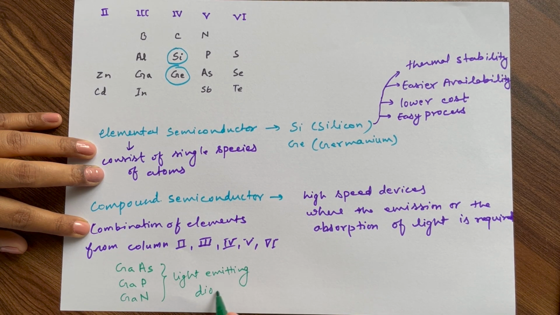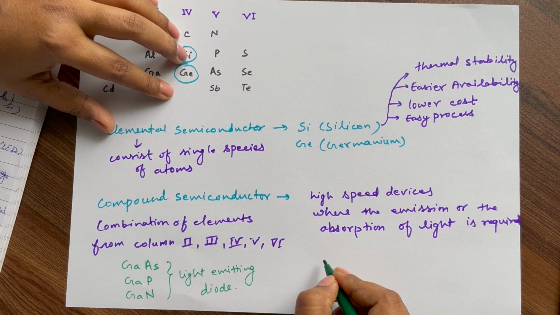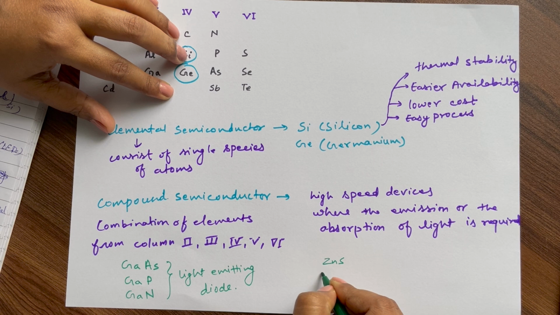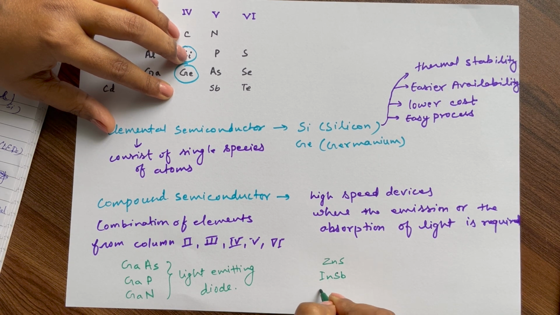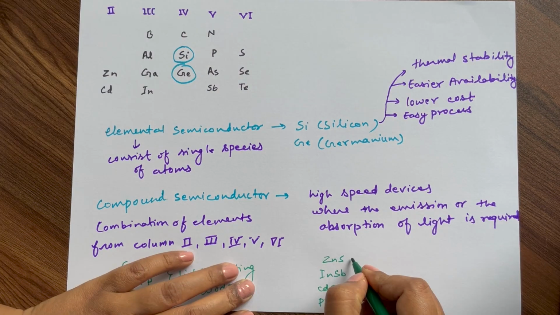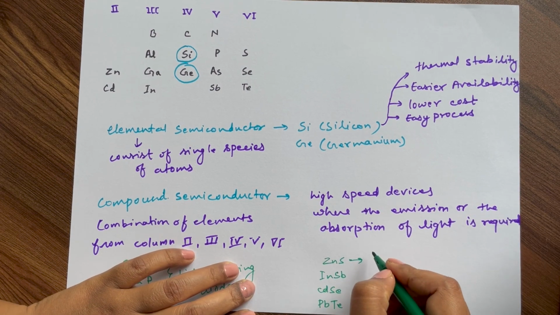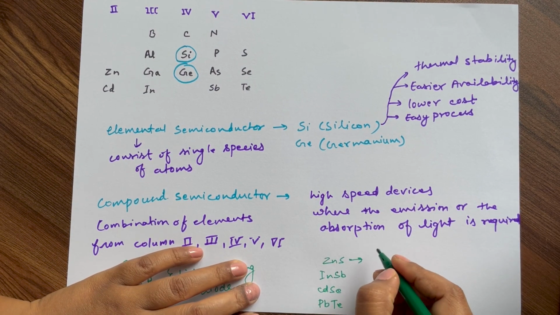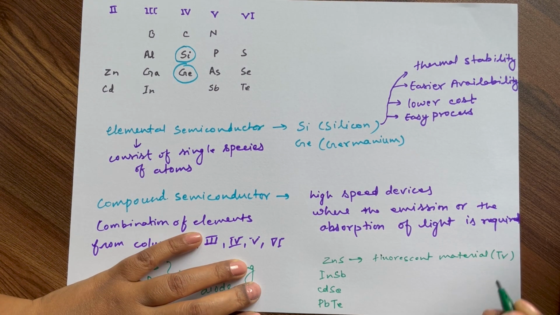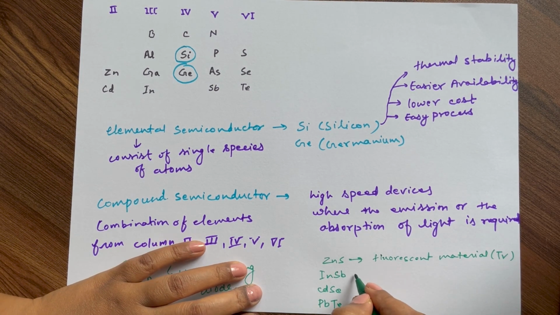A few more examples are zinc sulfide, indium antimonide, cadmium selenide, lead telluride. There are many other examples. Zinc sulfide is used as fluorescent material in TV screens, and these three are good photodetectors.